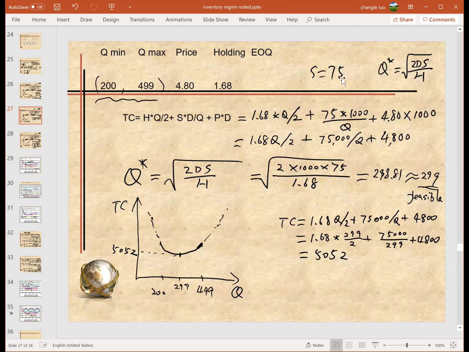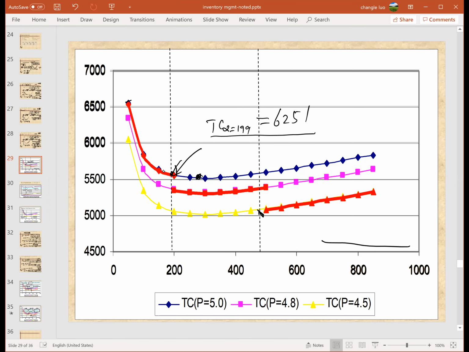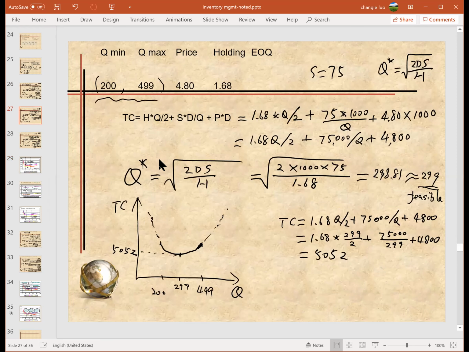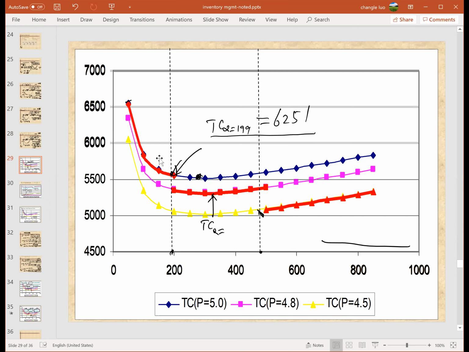The second one is between 200 and 499, and the total cost is 5052. So between 200 and 499, the total cost achieved here is Q equals to 299, 5052.